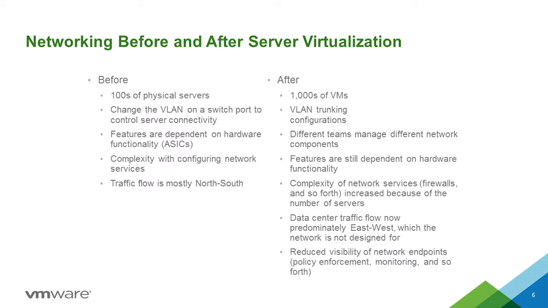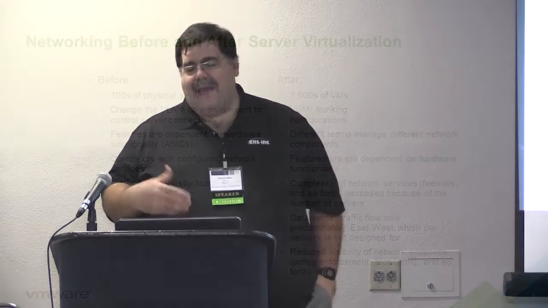So before and after server, so before, basically had hundreds of servers at Water. I think they had somewhere 400, 500, 600 physical servers in that data center before we started to do the migration to the virtual. I changed VLAN on the switch port, okay, to control server connectivity, right? You can't use that VLAN here because we turned it off at the port, pretty straightforward.